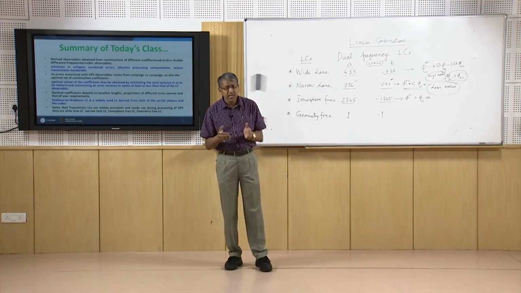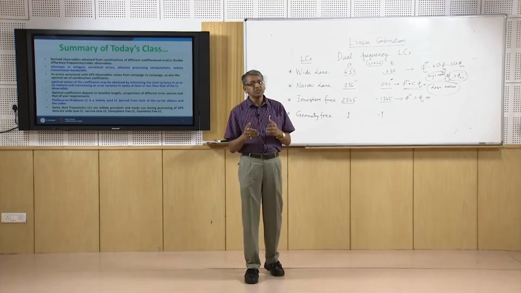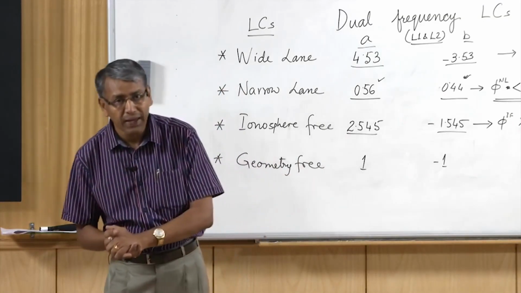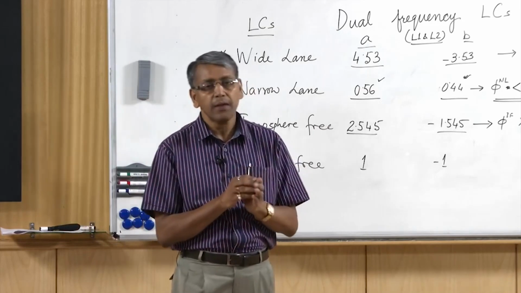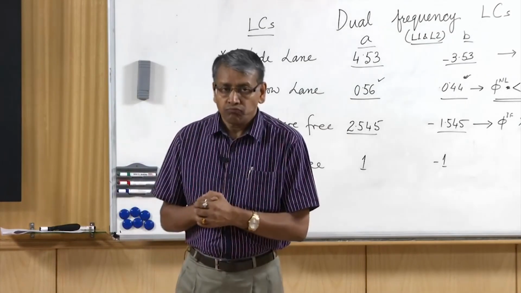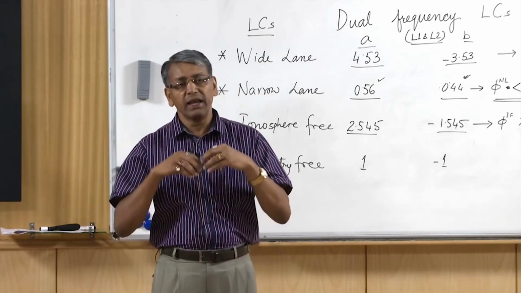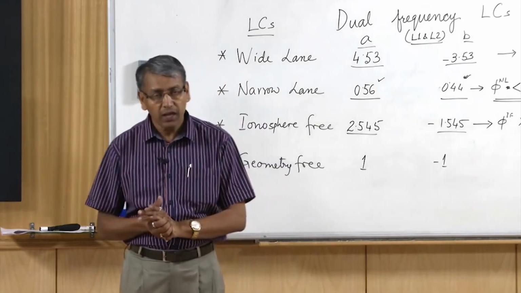As the errors in GPS observables depend on the nature of the campaign and vary from campaign to campaign, so also the constants that we multiply to get the linear combinations vary.